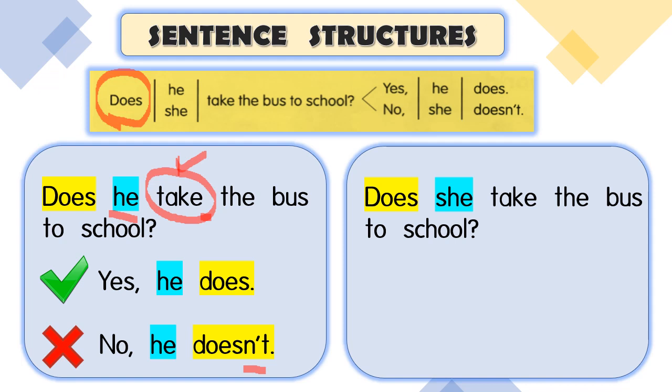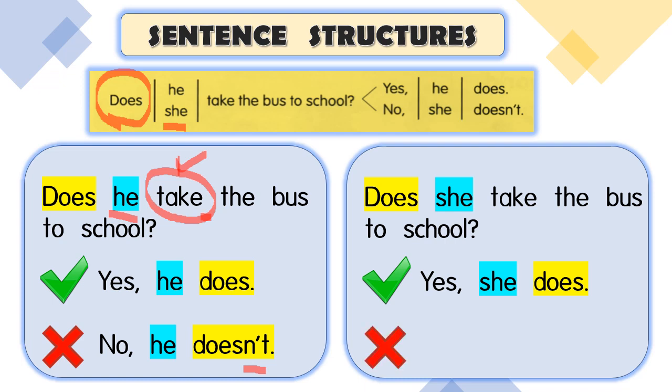Does he take the bus to school? Just now we asked he, right? So now we change to she. Does she take the bus to school? So how do we answer this? Yes, she does. Or no, she doesn't.